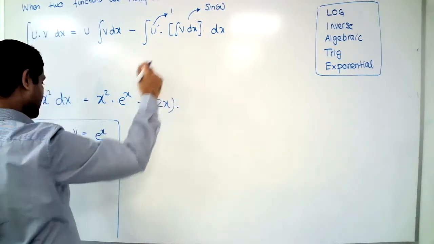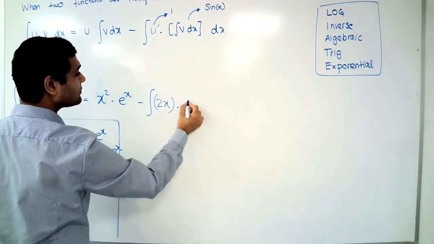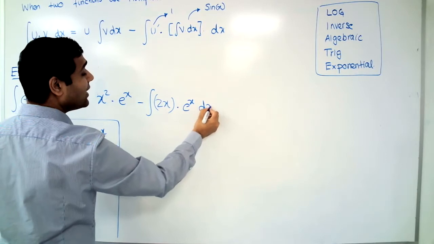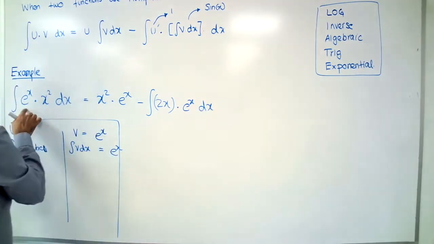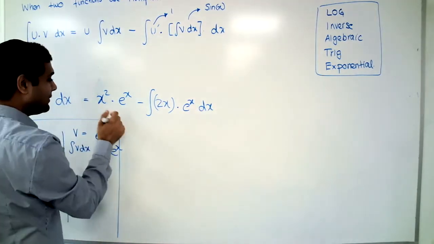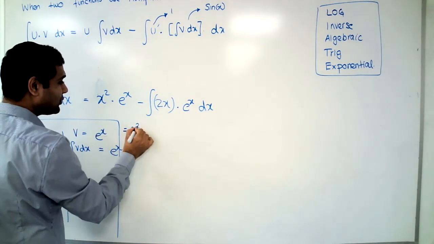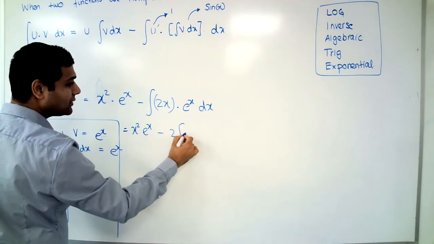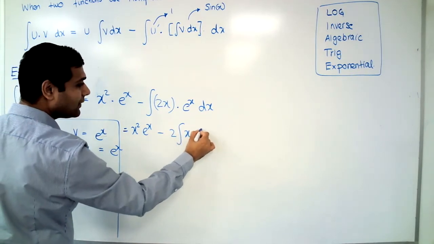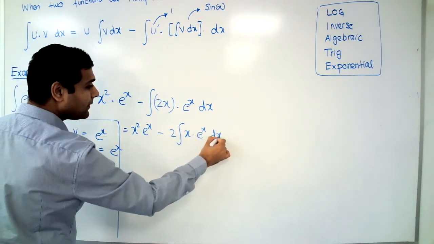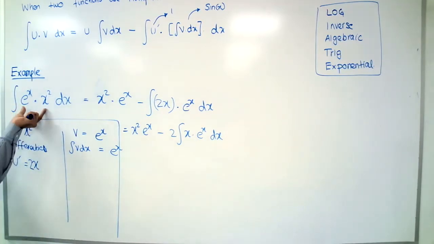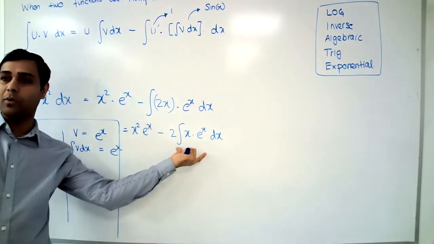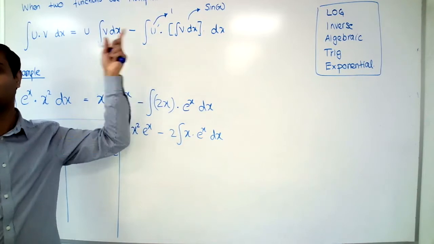And this thing is e to the x. Now you can see it was x squared, and x squared e to the x stays as it is. Now just take the 2 out. Now you see this thing has been reduced into that one. One more time, I have to use that rule, and that's done.